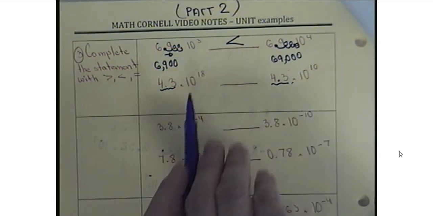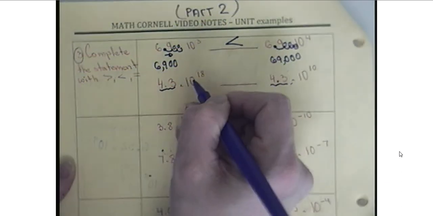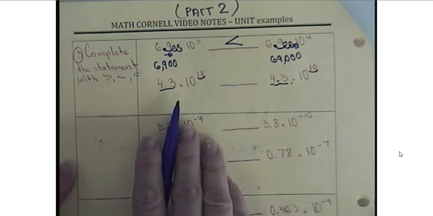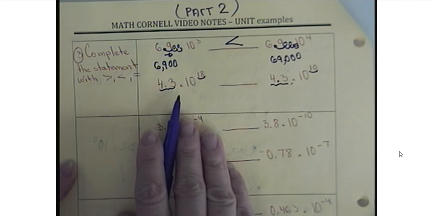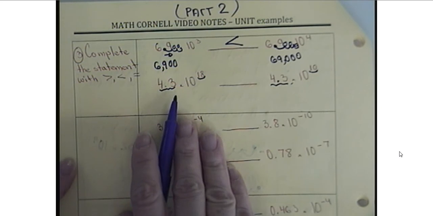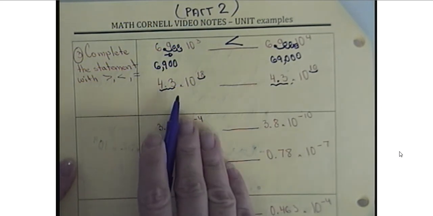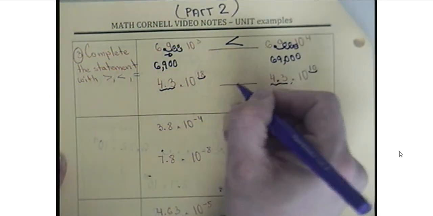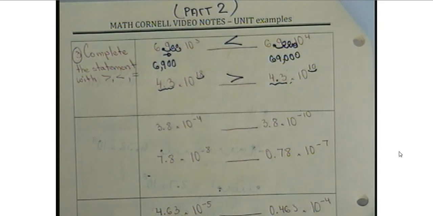So the only thing you have to decide now is which one, left or right side, has more zeros. If this says 18 and this says 10, which side will have more zeros? Well, definitely the left side will have more zeros, which makes the left side greater than the right side. So the inequality symbol in this case will go in this position.